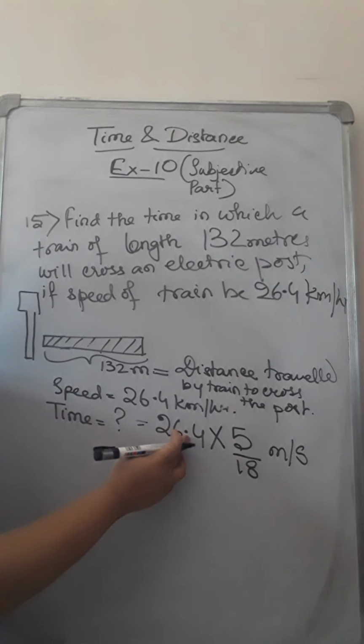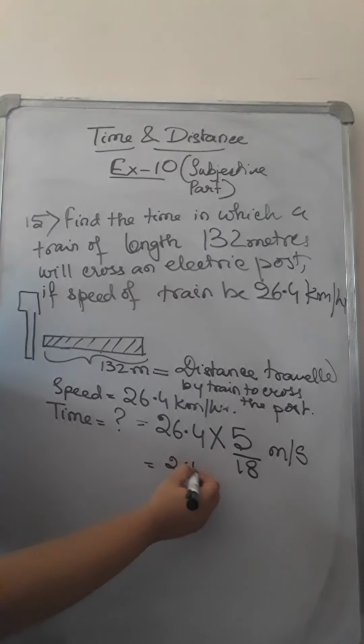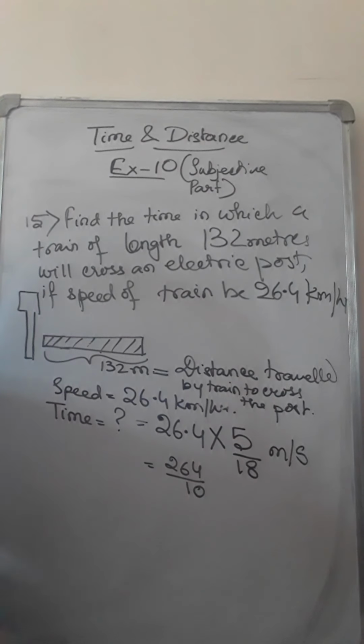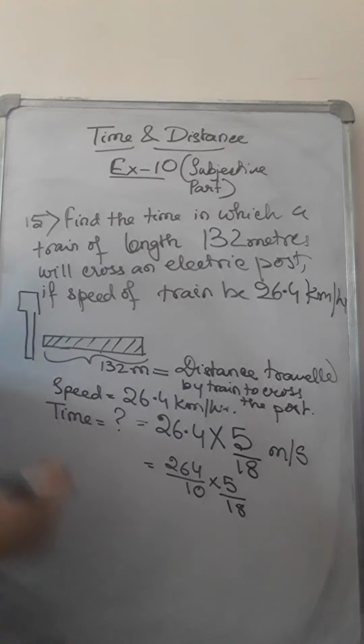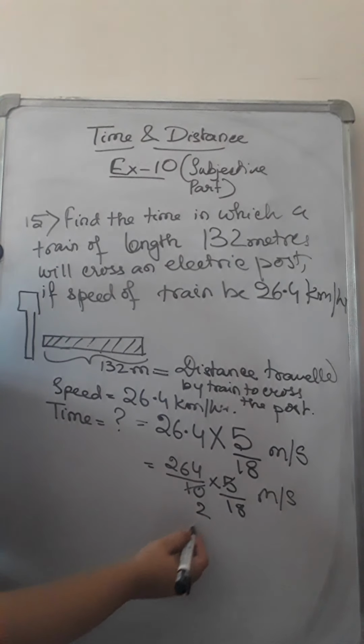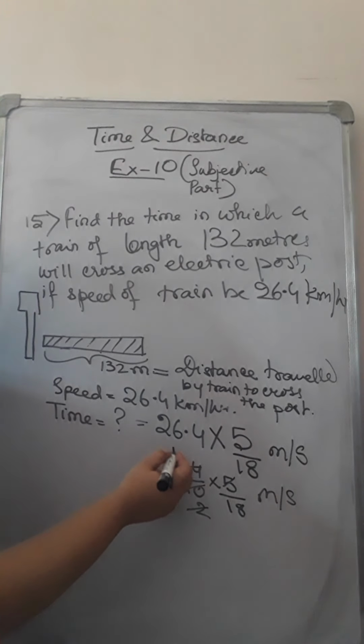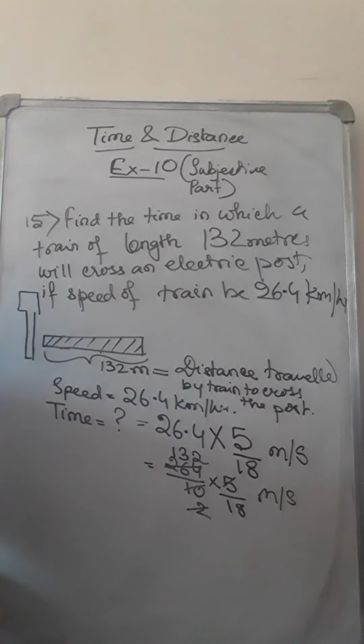Now you can remove the point from here by turning the decimal into fraction. 264 by 10 it will turn out. For point we have taken 1, and because there is only one digit after point, so 0. So 264 by 10 into 5 by 18 meters per second. Now you can cancel. 5 2s are 10. 2 can cancel 264, 132, and 10 and 132 can be cancelled with 2. 2 9s are 18, 2 6s are 12.